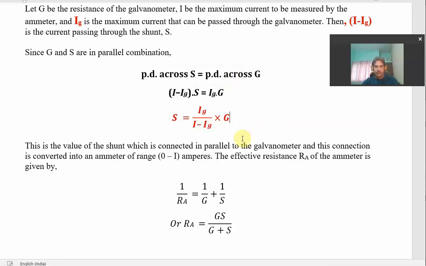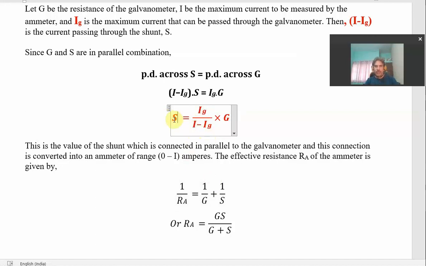Now, Ig, the maximum value of current that can pass through the galvanometer, is constant for a particular galvanometer. The value of shunt resistance will depend on the value of current I. So if we are willing to convert the galvanometer into an ammeter of 0 to 3 ampere range, then the shunt resistance will have one value.